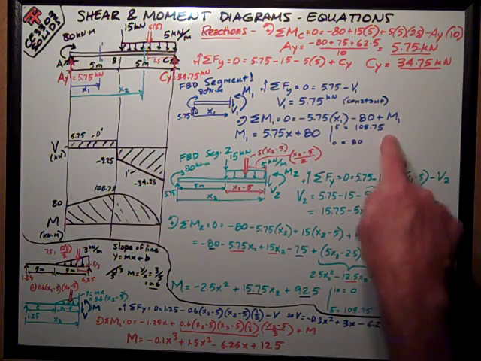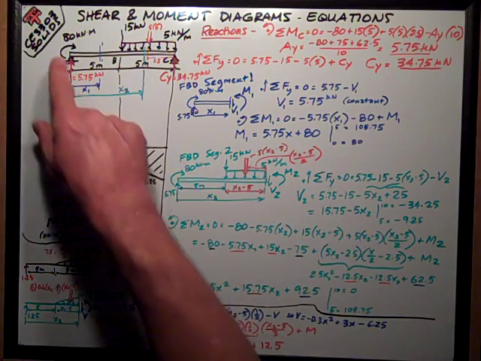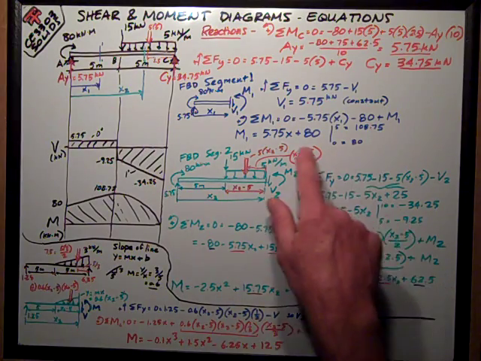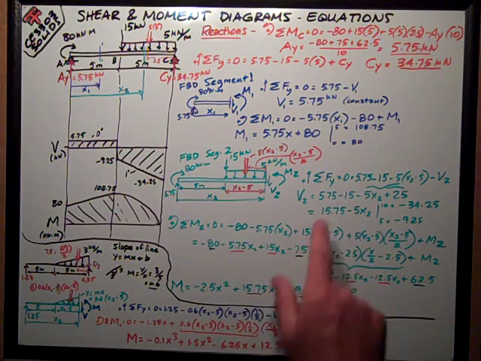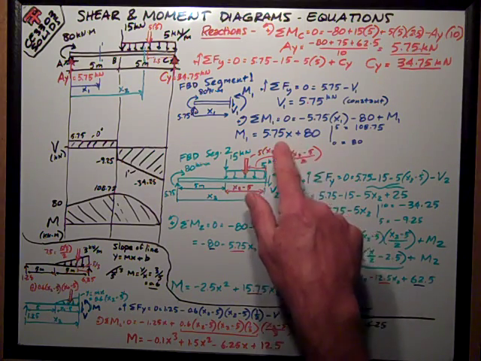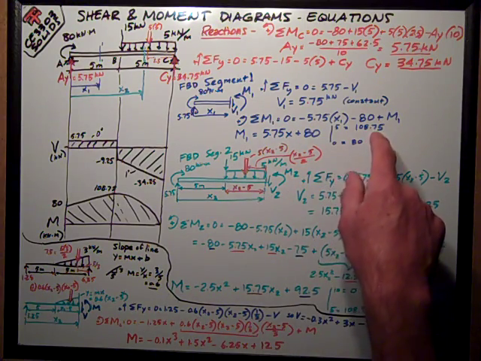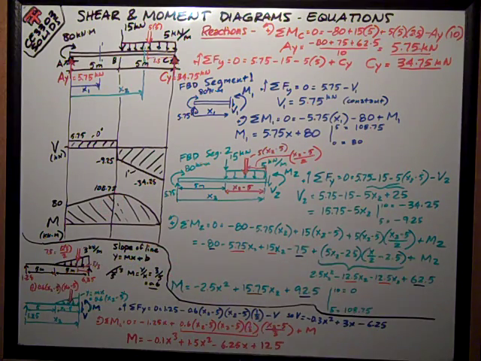Looking at my moment diagram, it starts off at 80, which is consistent with my external force, and it goes up in a straight line, because it's a function of just x, to 108.75 in the center of the span at x equals 5.